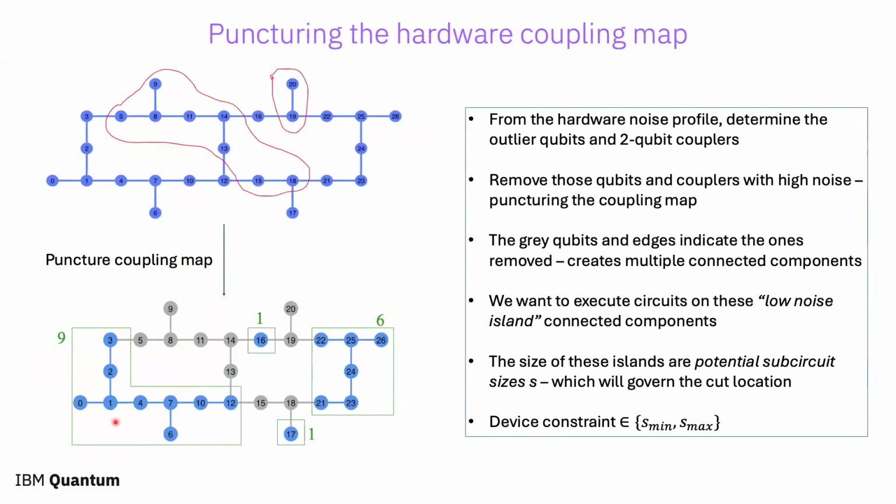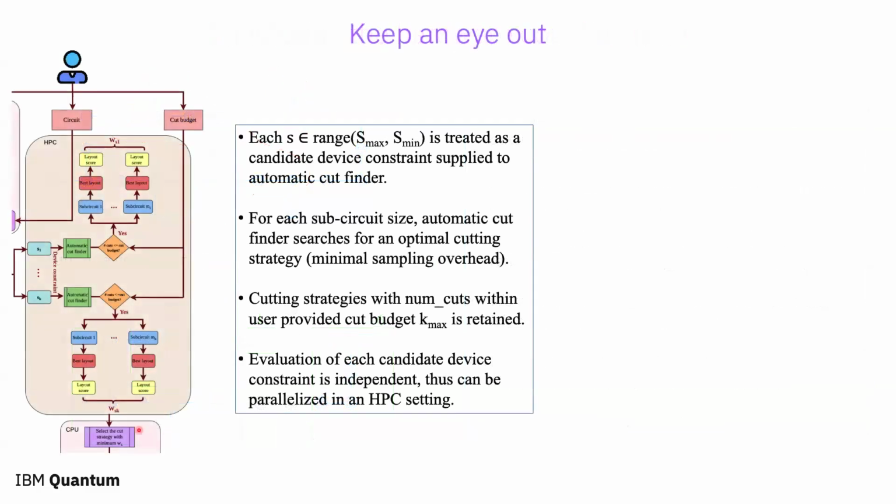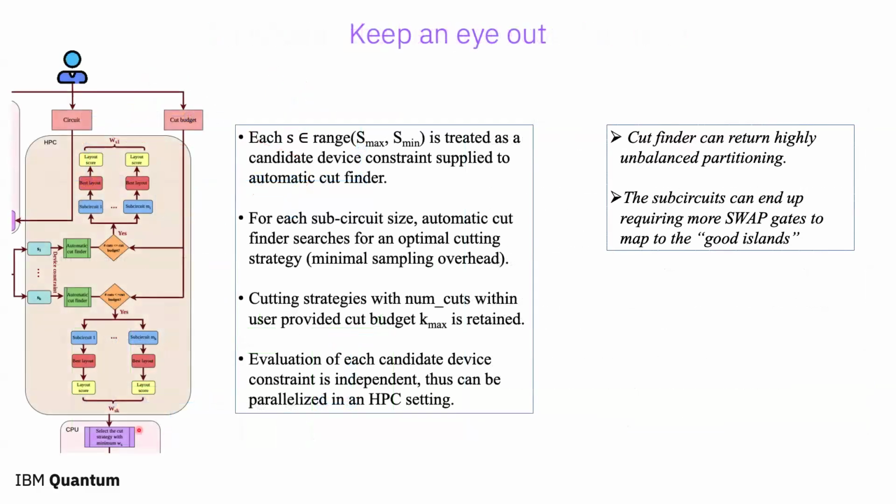One subcircuit has 9 qubits, the other has 1 qubit. This is not a good partitioning, because then most of the gates are going to that 9 qubit partition. The 9 qubit partition will be almost as noisy as the original circuit. So our requirement that you want to reduce the noise in the system is lost. So this is one problem that can happen from here.